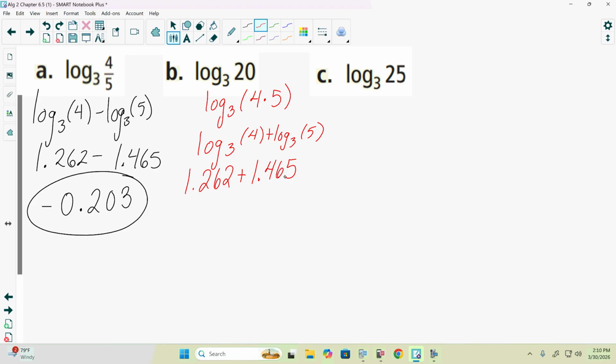So now all we need to do is add those two together. 7, 2, carry the 1, 4, 5, 6. And we should get 2.727. Or the other way we can do it is what? Grab the graphing calculator, do log base 3 of 20, and it'll tell us that it's 2.7267. It's going to round up. Questions on this here? Questions on any of those so far?